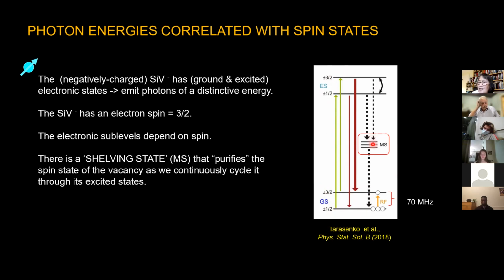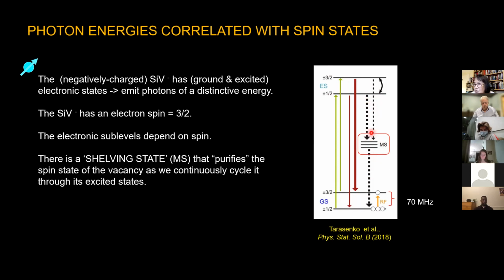But here's an interesting thing that characterizes this defect and the kinds of defects we use as qubits. There is something called MS, which stands for metastable state, or a shelving state. What this does is, as I pump electrons from ground state to excited state, this metastable state skews the spin state of the electrons or the photon transitions that I see in the following way.